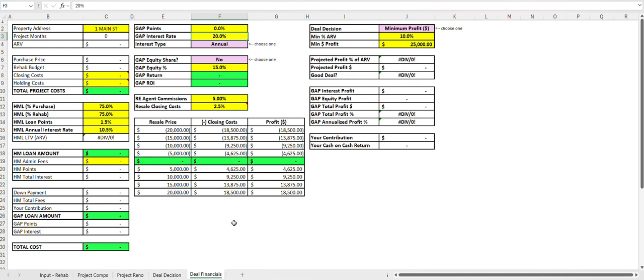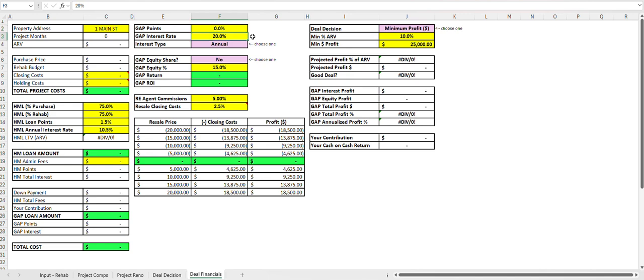interest. So essentially what you're going to be saying is, the longer I hold your money, the more money you're going to make back in interest. And up here, if the second position lender is charging points on the amount that they're lending, you would enter it here.